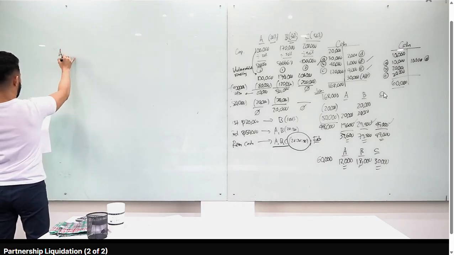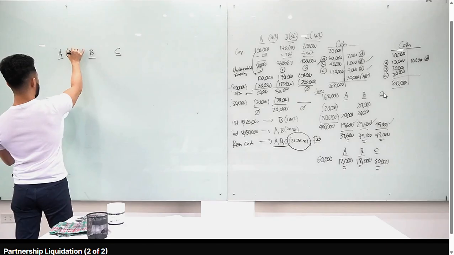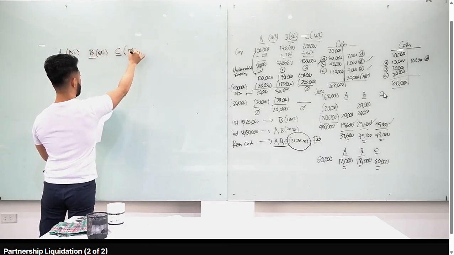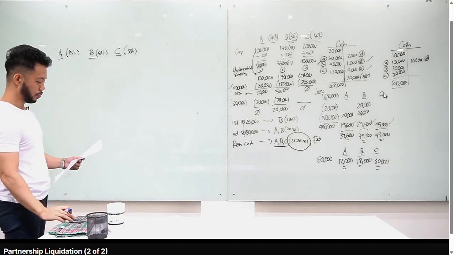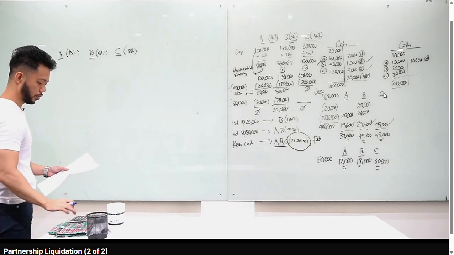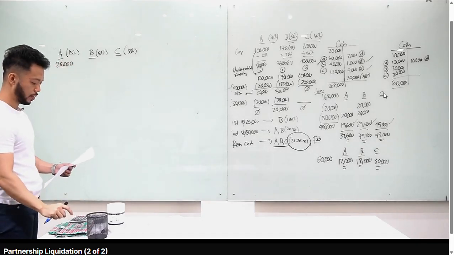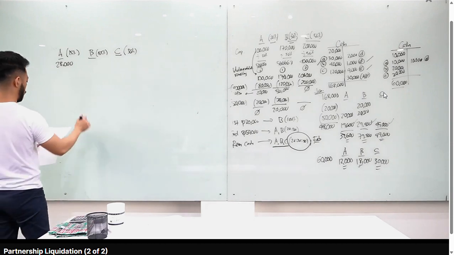Laging ginagawa natin, partner A, B, and C. Lagay natin yung P&L, 15%, 55%, and 30%. Okay. So, si partner A, 33,000, merong receivable from A. Sabi ko, pag asset, ma-minus mo, 28,000 yung capital of A. Okay? Si partner B naman, 25,000, merong loan from B, add mo yung 6,000, you have 31,000.